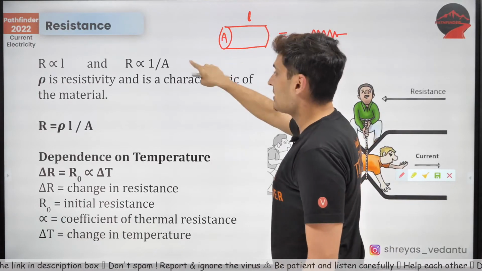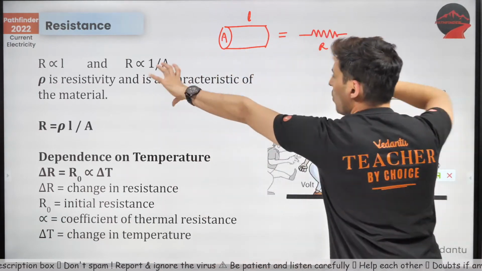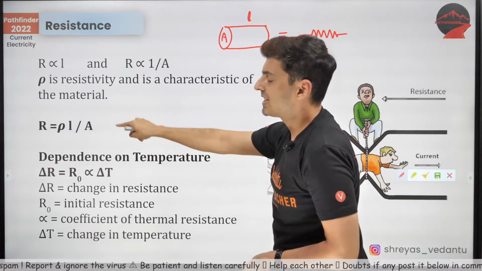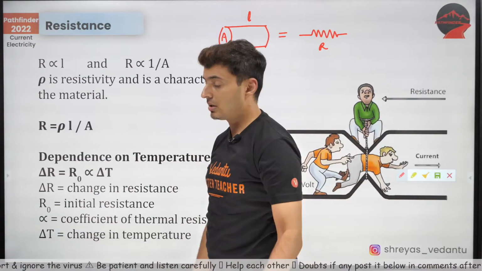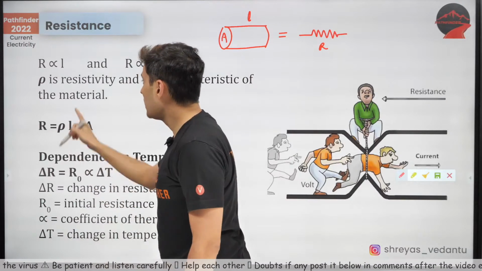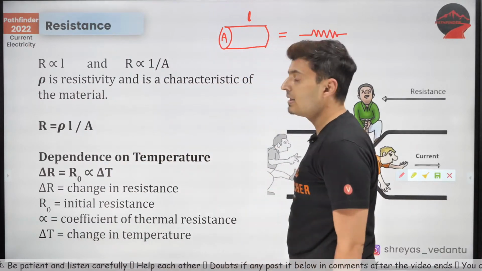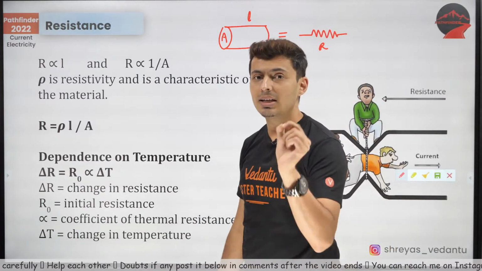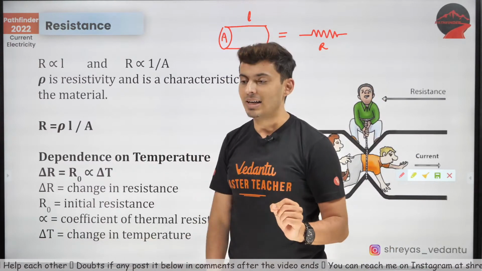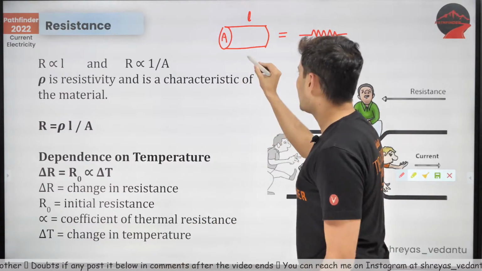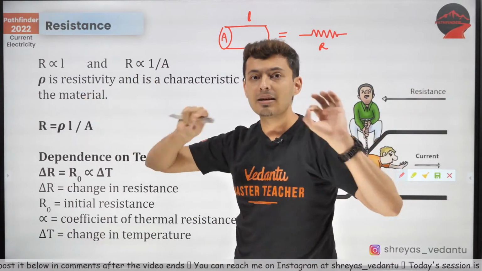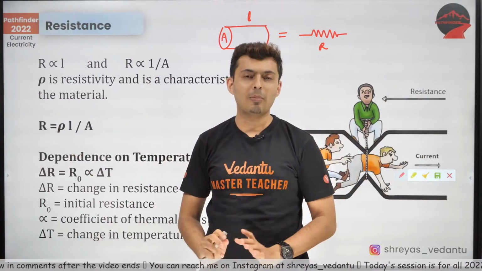That conductor's resistance depends on the length. More the length, more the resistance. More the area, less the resistance. It's inversely proportional. And this ρ is called the resistivity. Resistivity is a property of the material. If I take iron, no matter how big that iron piece is, resistivity is a standard property.